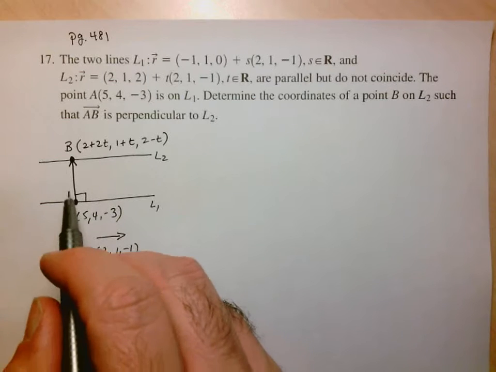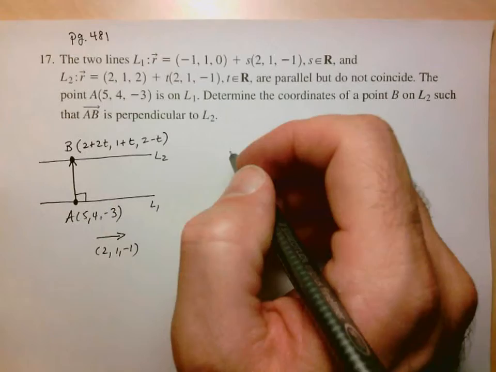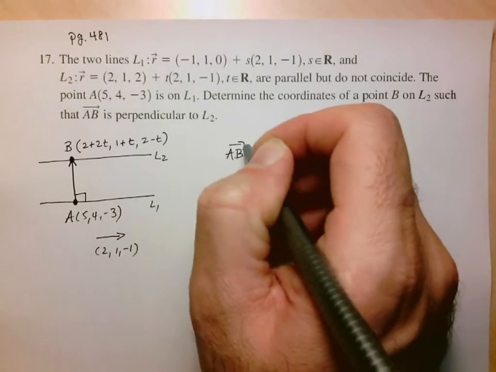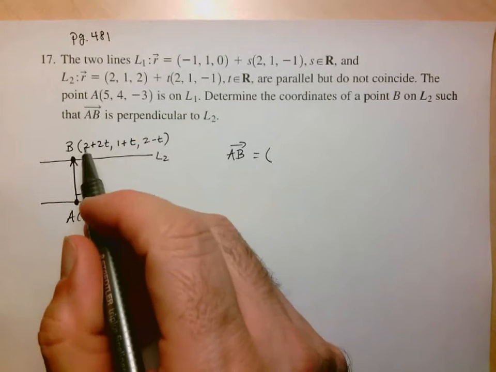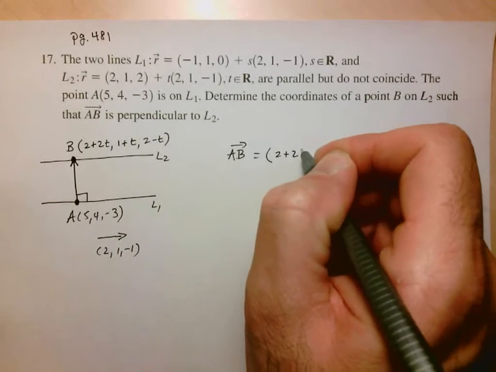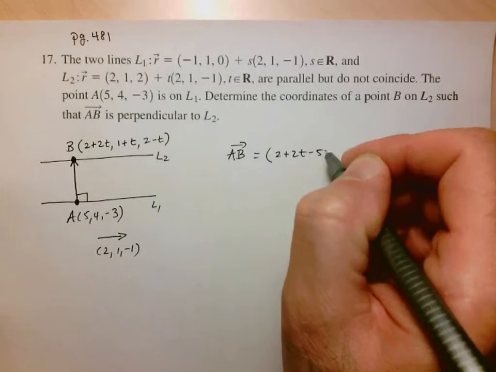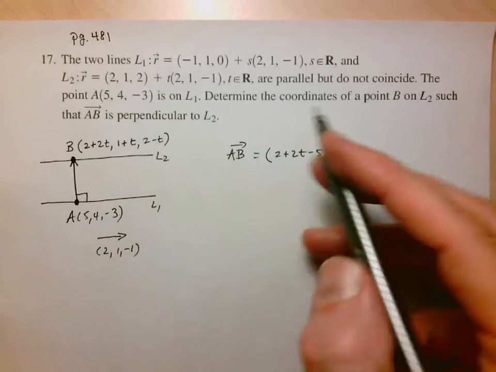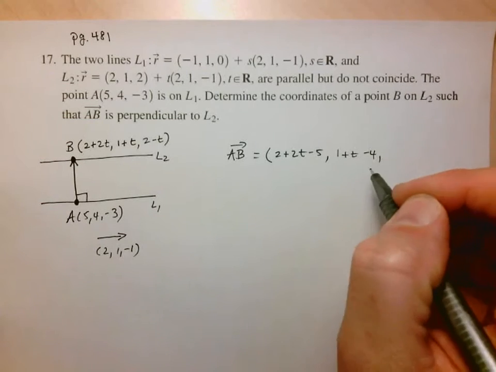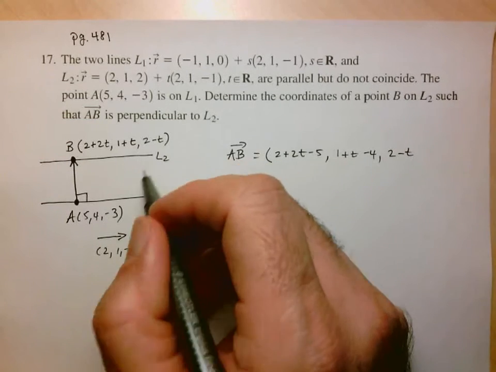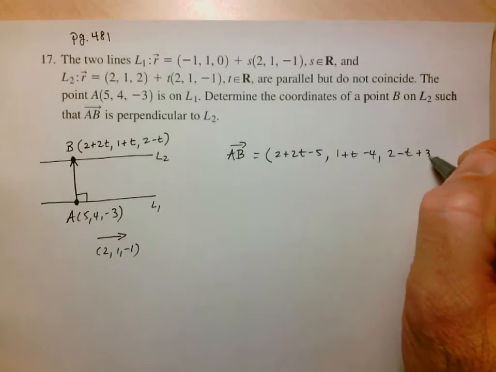So the first thing I'm going to do is create my vector AB. Vector AB will be second minus first, so it'll be 2 plus 2t minus 5, then 1 plus t minus 4, and then 2 minus t minus -3, so plus 3.